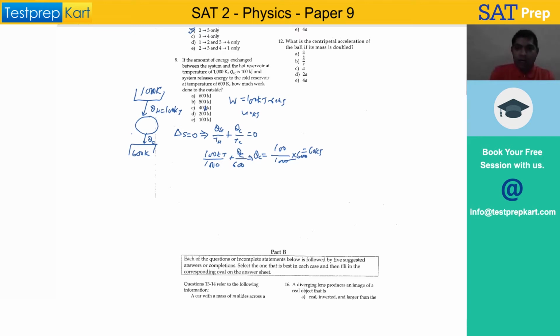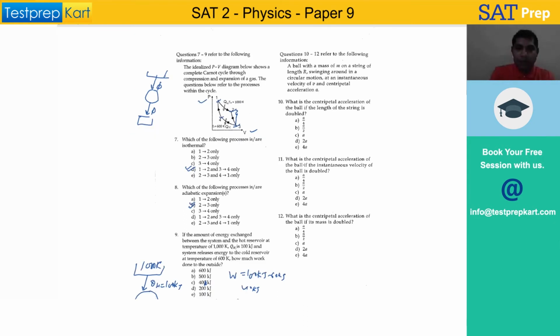Now moving to the next question, question number 10. A ball with mass m on a string of length r is swinging around in a circular motion at its instantaneous velocity v and centripetal acceleration a. We can establish a relationship: centripetal acceleration is v square over r, because the centripetal force on this ball will be mv square over r.